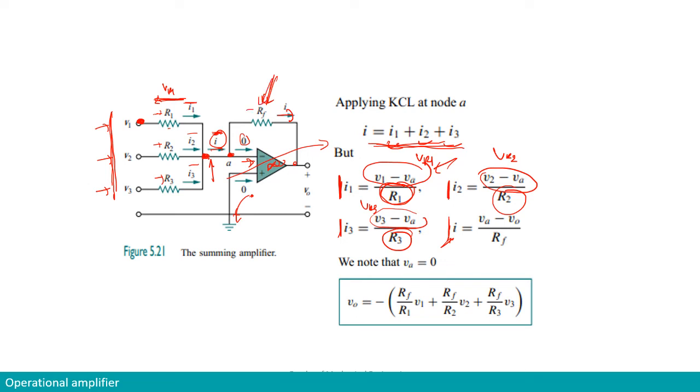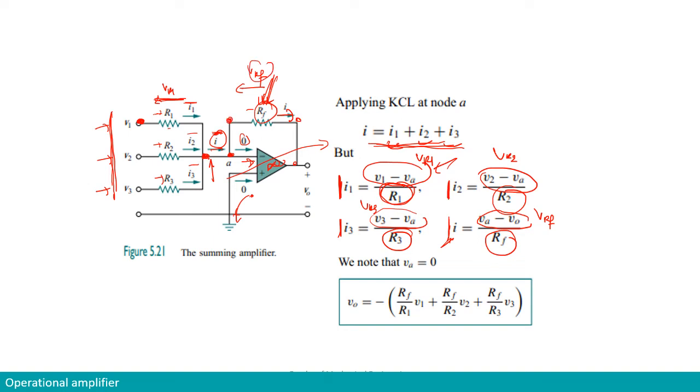So what is I? I is basically VRF divided by RF. Here is what represents VRF, and here is RF. VRF is the potential difference between this point and this point.